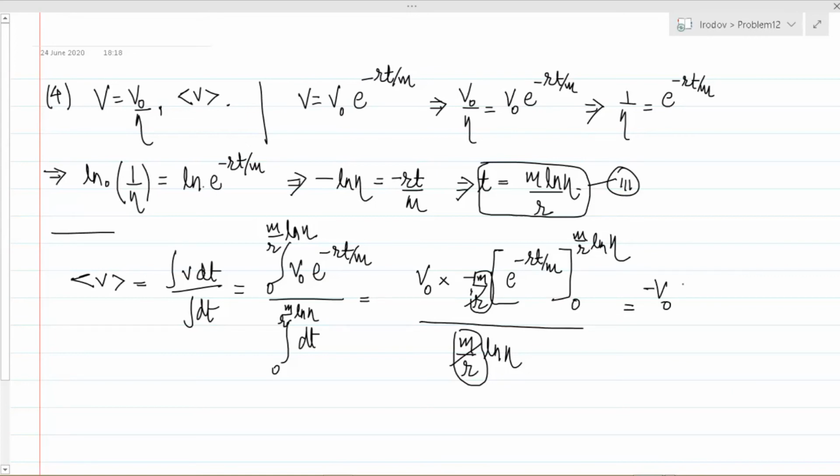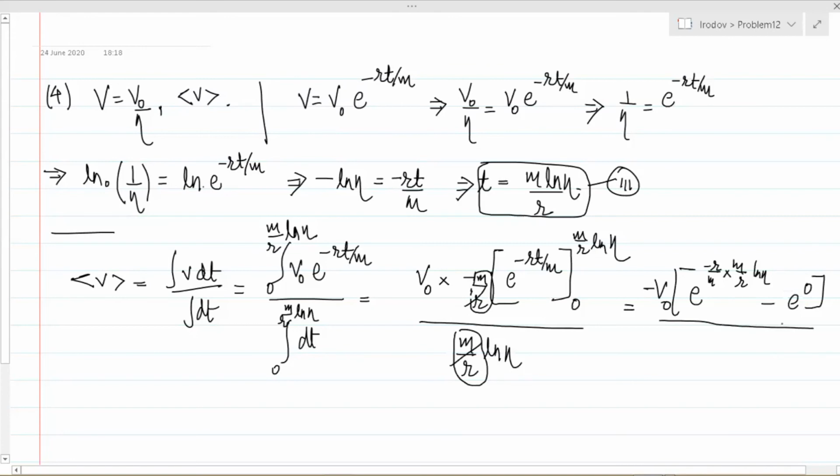It turns out to be e to the power of minus r by m into m by r ln eta minus e to the power of 0, divided by ln eta.